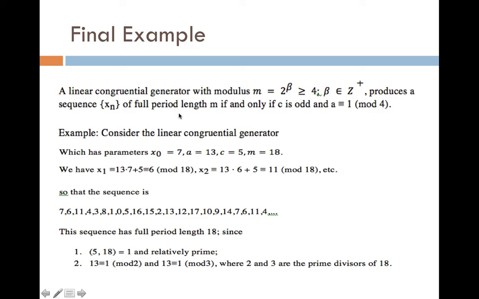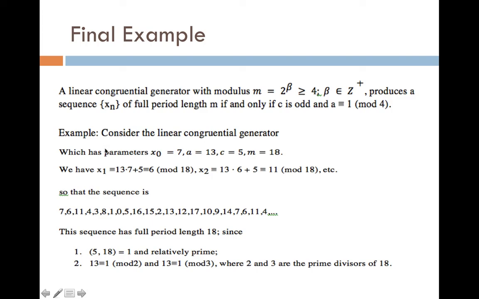And we want it to produce a full sequence of x sub n with a full period if and only if c is odd and a is congruent to 1 mod 4. So we're still following those criteria about m being greater than or equal to 4, it's some 2 to the beta in this case, and our other criterion of a congruent to 1 mod 4.